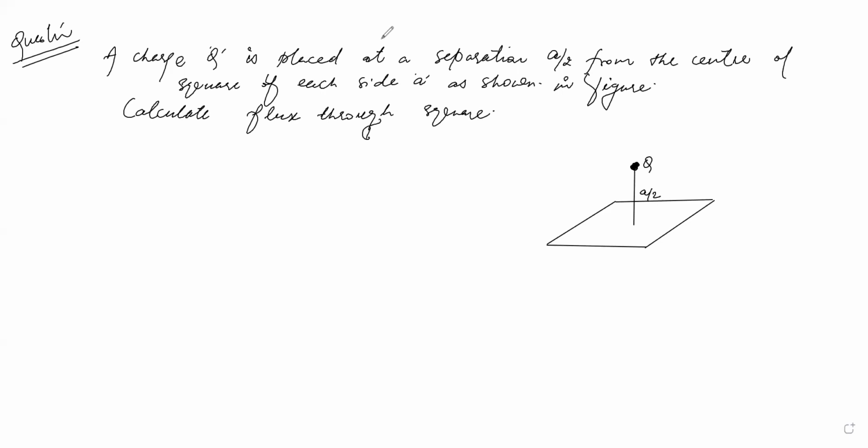Flux in the sense is the number of field lines passing through this area. So if we draw it like this, can anyone tell me how many faces there are in a cube?